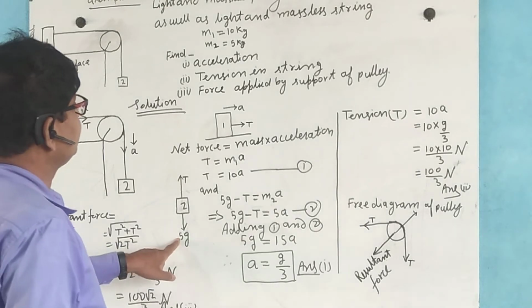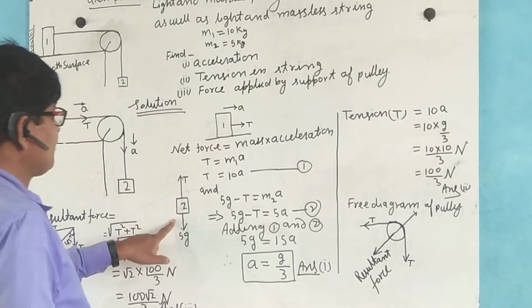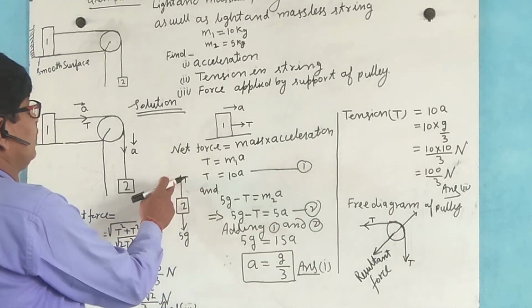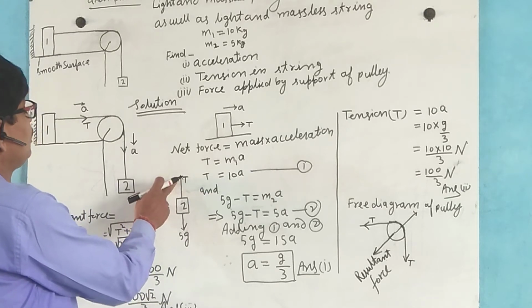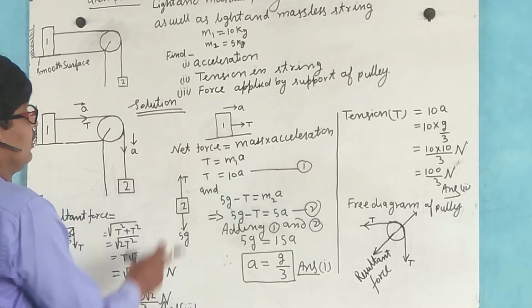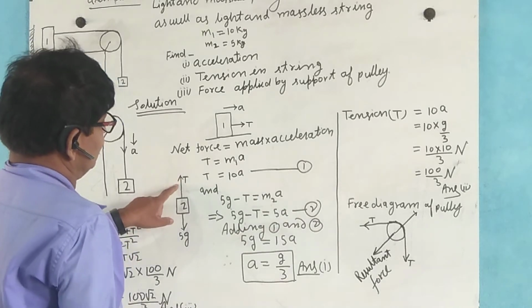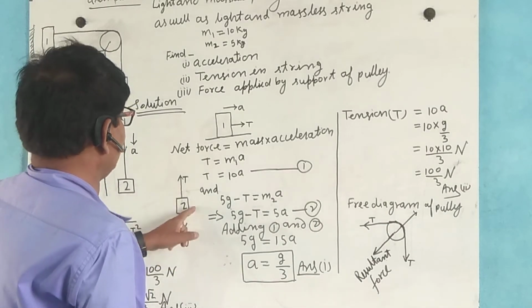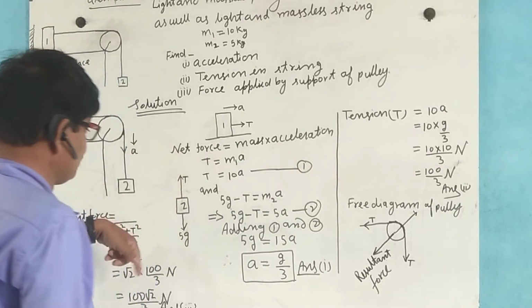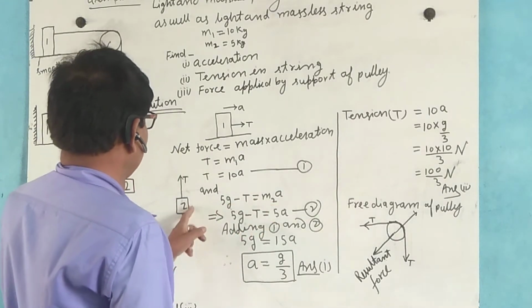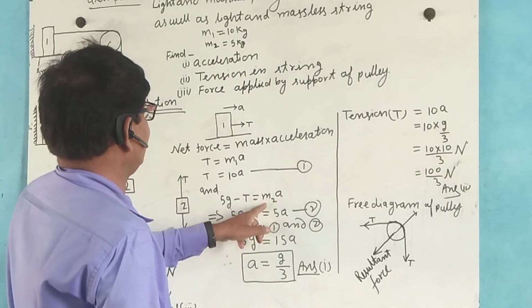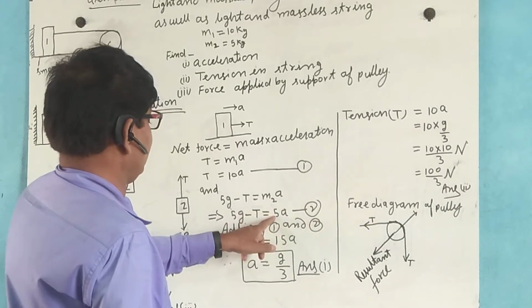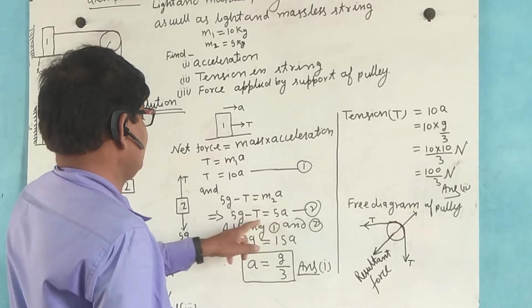In this case, the tension force is acting upward. So 5g minus T is equal to mass times acceleration, as this block moves downward. m2 is 5 kg, so 5a.